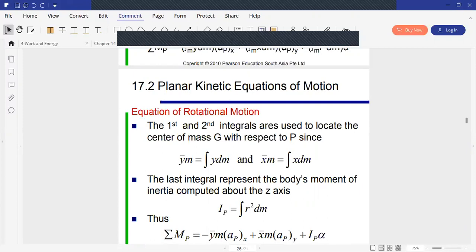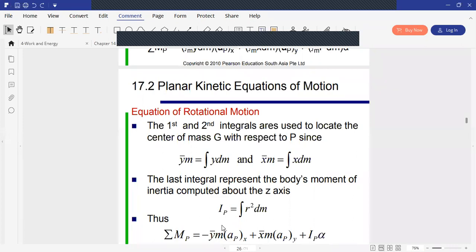Now, in particular, what is the most interesting point in general to take the sum of moments about? G. Very good. So if I put P on G, what will change in my equation? It becomes just I_G alpha.